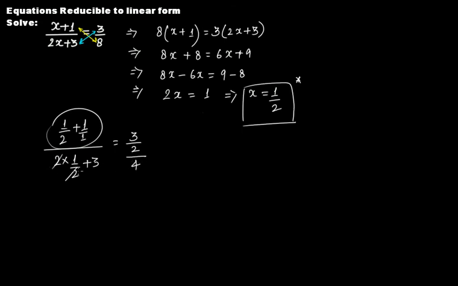This 4 can be written as 4 by 1. So this is 3 by 2 times 1 by 4, which is 3 by 8. And this is exactly the same as the right hand side.